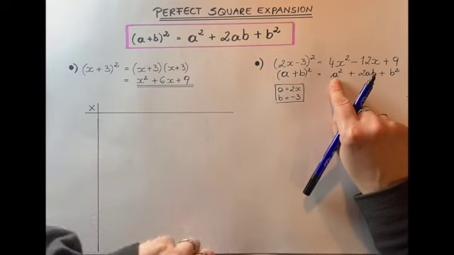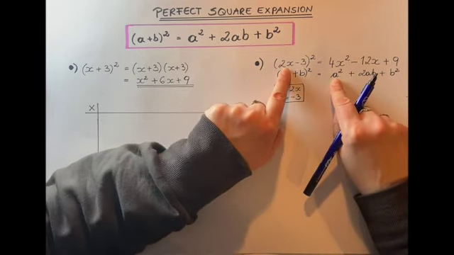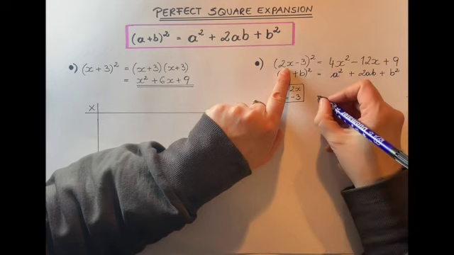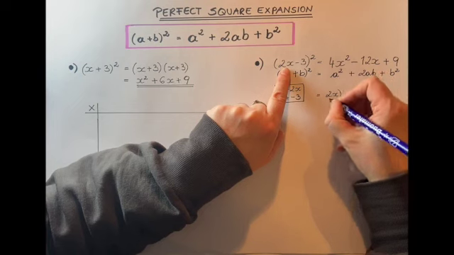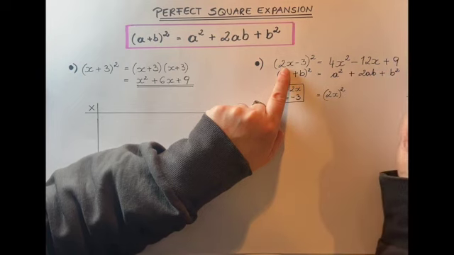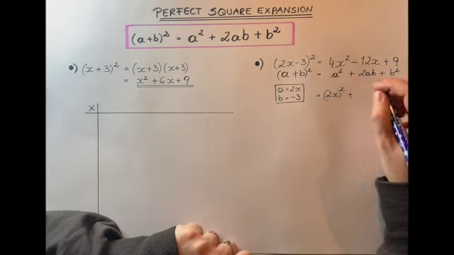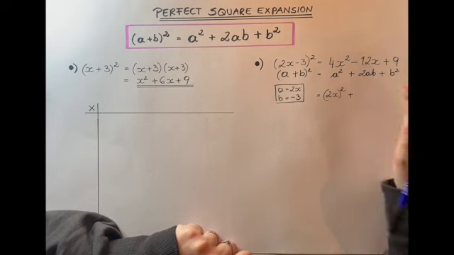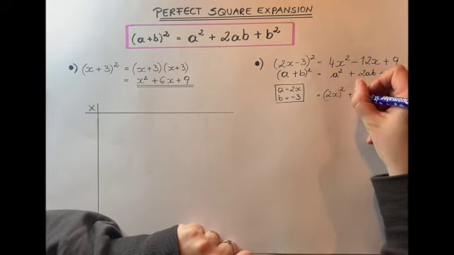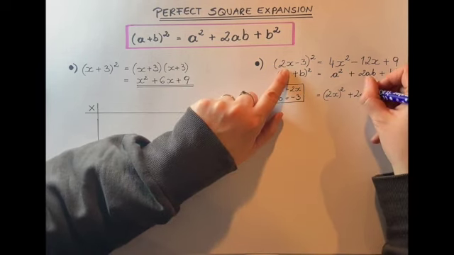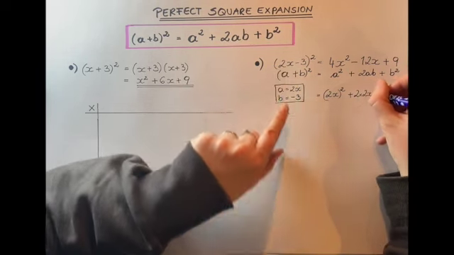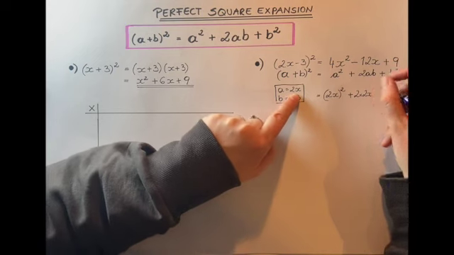Now let's have a look. The a is the first term in our bracket, so that's the 2x. We need to square that. So 2x squared plus 2 times a times b. A is 2x.